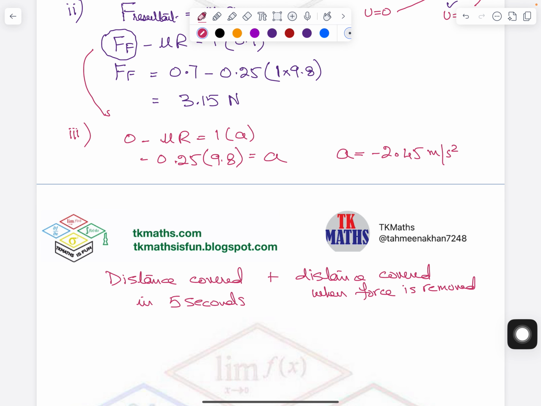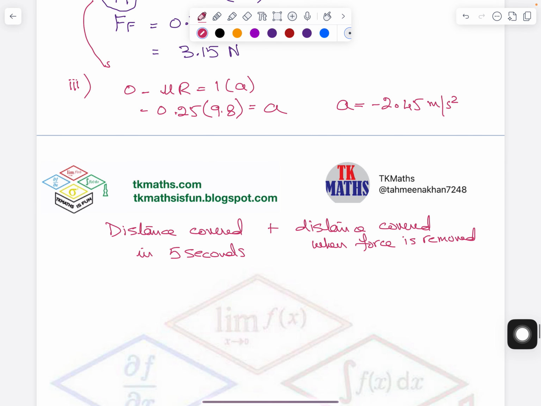For the first part I'm using the formula s is equal to ut plus half at squared, and in the second part I'm using v squared is equal to u squared plus 2as. I will calculate these two distances and then add them up.